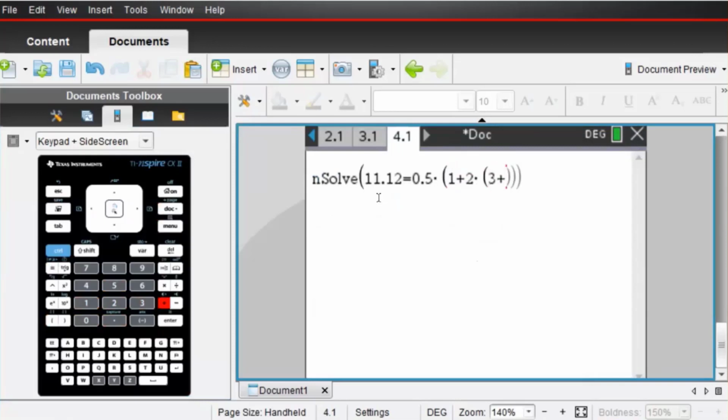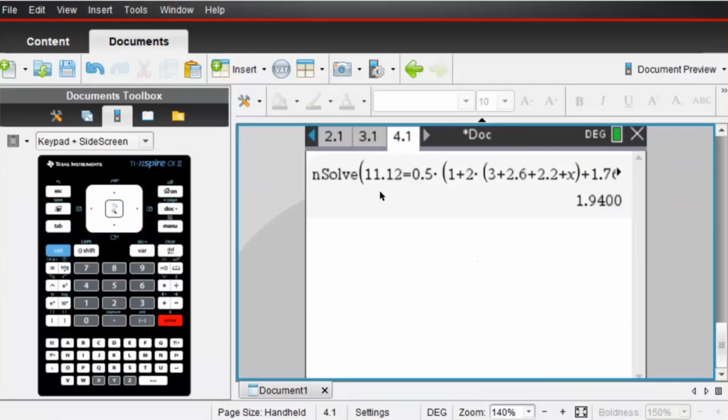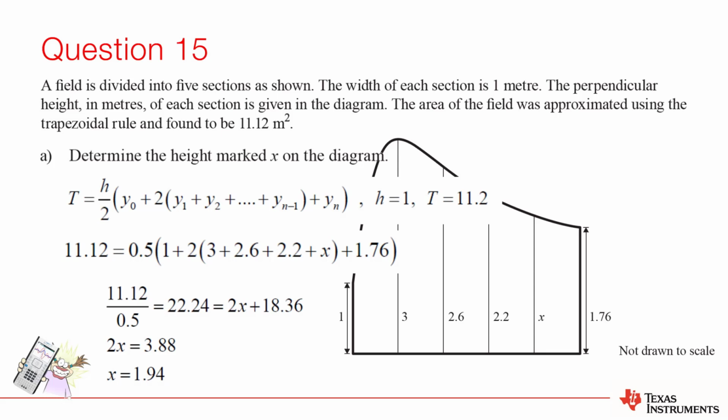That was 3 plus 2.6 plus 2.2 plus x, close the brackets, plus the last value 1.76. Come on, I want to solve that for x. So x is 1.94. You can do that one by a bit of algebra as well, just adding up some of the values there and working it out. But once again, we'll get x is 1.94.